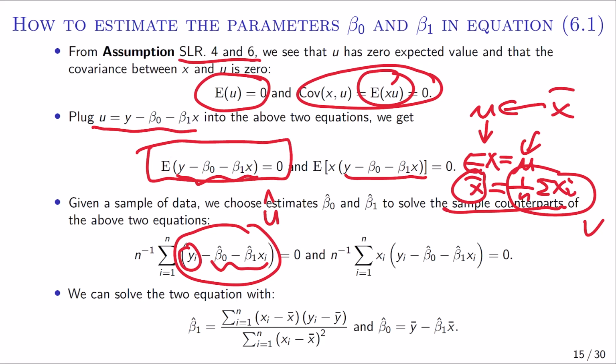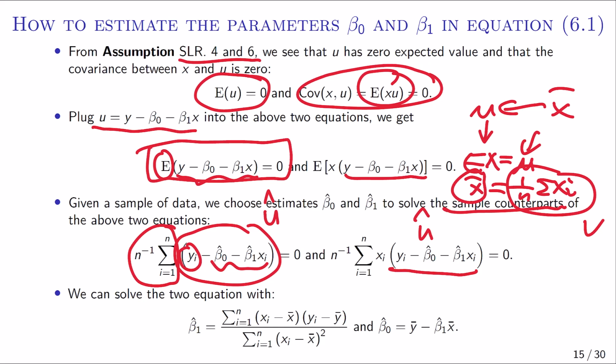We only estimate beta naught and beta 1. But you can mimic the situation like that. And here's the same idea. This is also kind of a mu hat, right? With the hat, you just replace the expected value in the population sense by the sample mean in the sample sense.